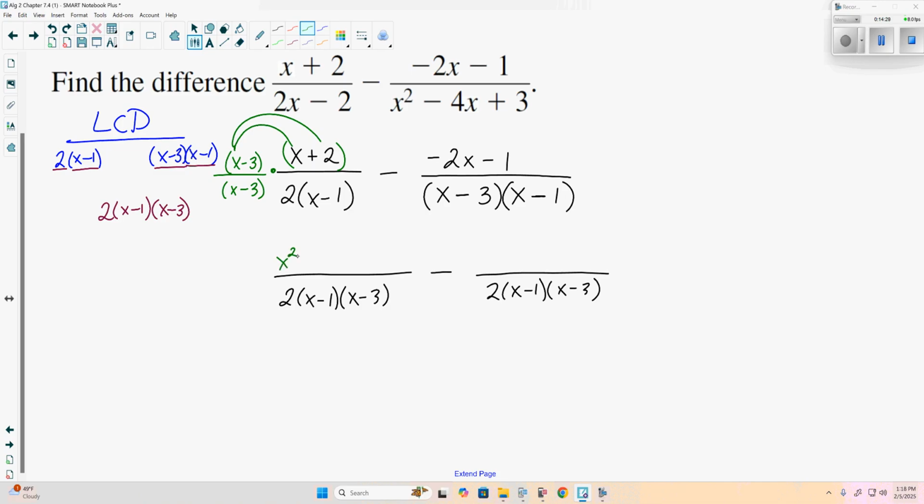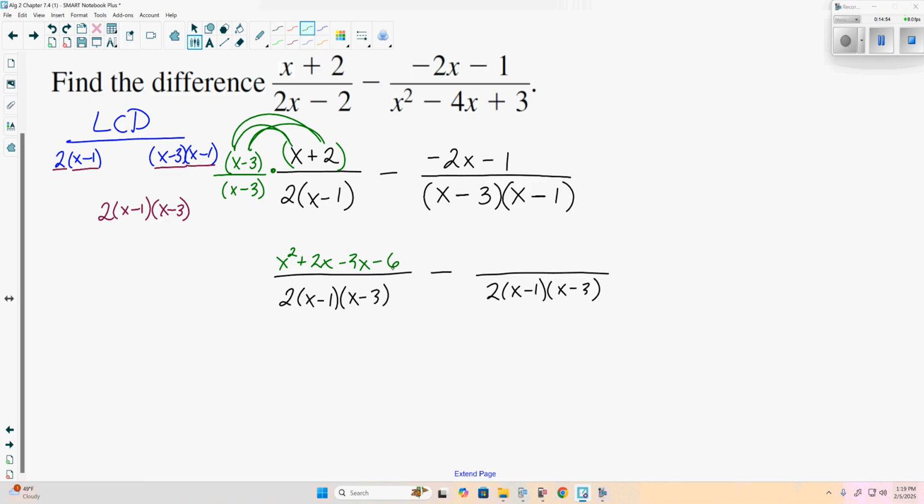X times 2 is plus 2x. Our negative 3 times x would be negative 3x. And lastly, negative 3 times 2 is going to be negative 6. And luckily, the multiplication on bottom, we just get 2 times x minus 1 times x minus 3.